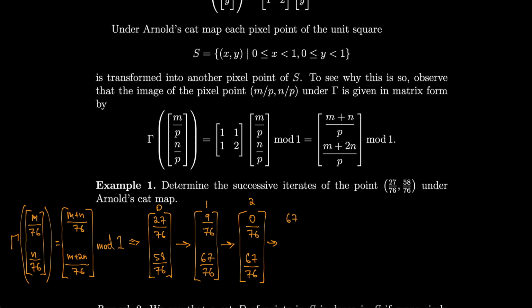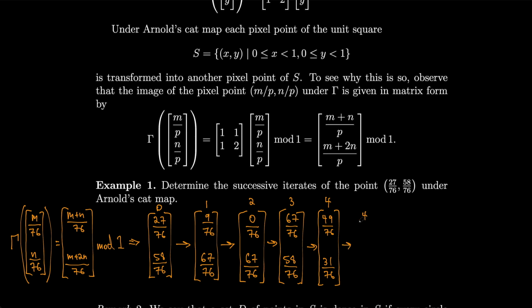For the third, we get 67 over 76, 58 over 76, and then 49 over 76, 31 over 76, and let's keep going.